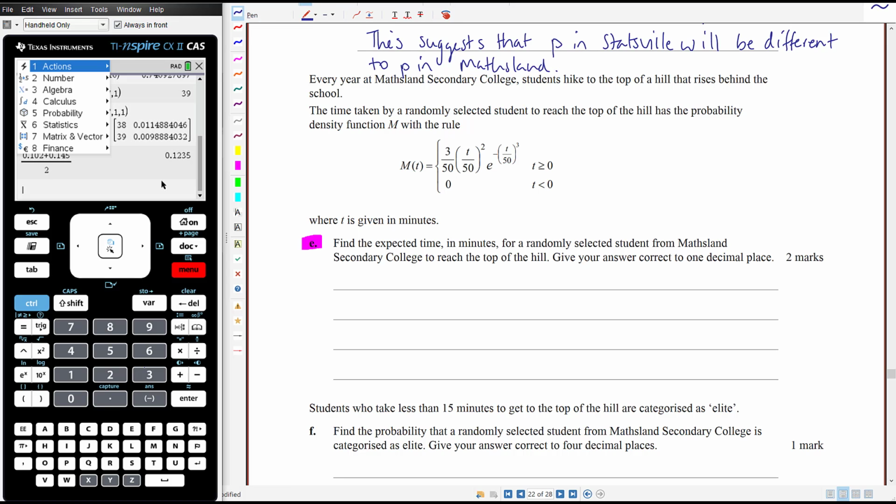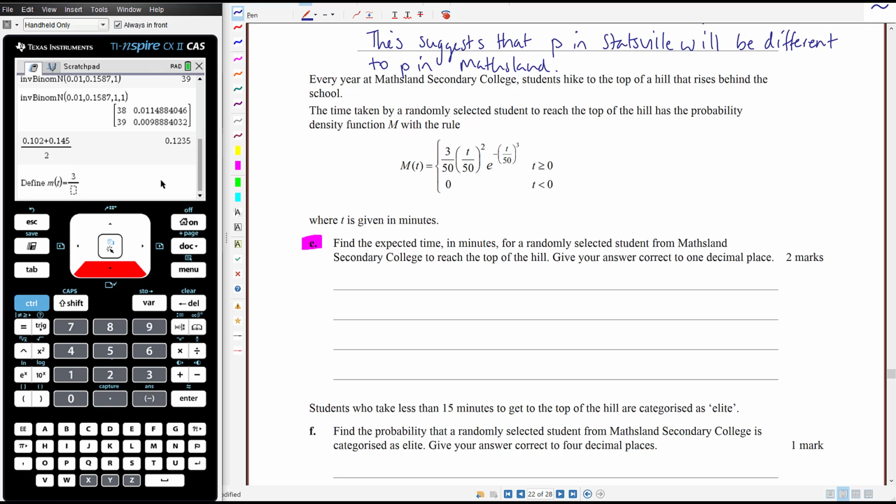I might define my probability density function, define m of t equals, I won't bother about the bottom half, so control divide 3 on 50 times t on 50 all squared times e to the power of negative, and I'm just going to bracket around that, t on 50 all cubed.